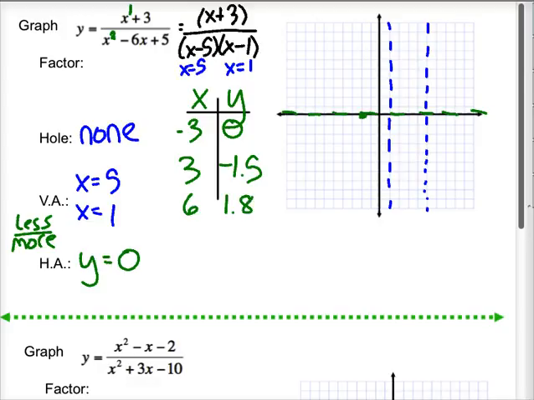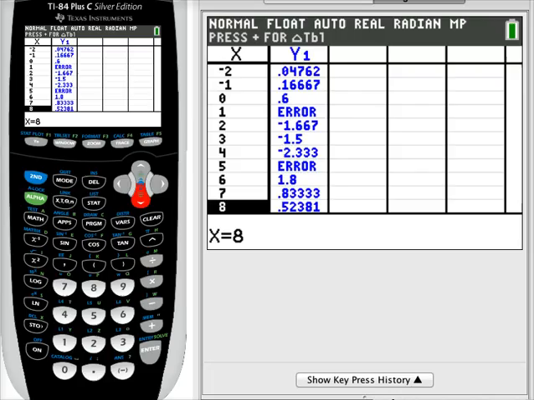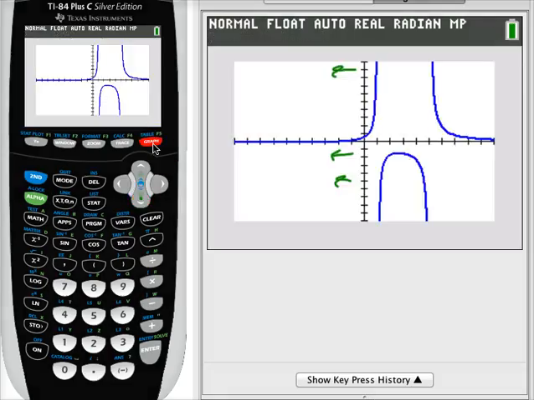Okay, so I'm going to look at each of those. So then 3, -1.5, 6, 1.8. So just take those couple points, and then I'm going to sketch the curve. So just to remind you what that curve looked like, it's looking like that.